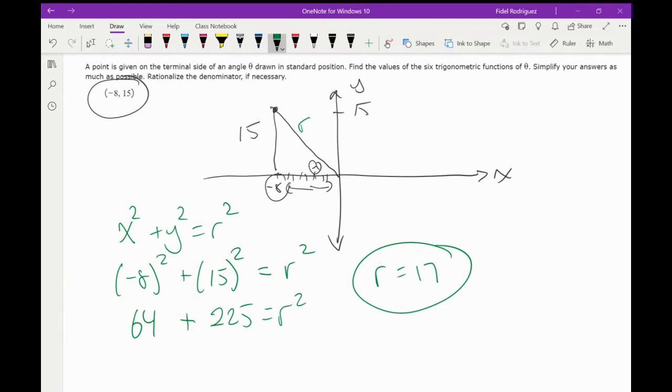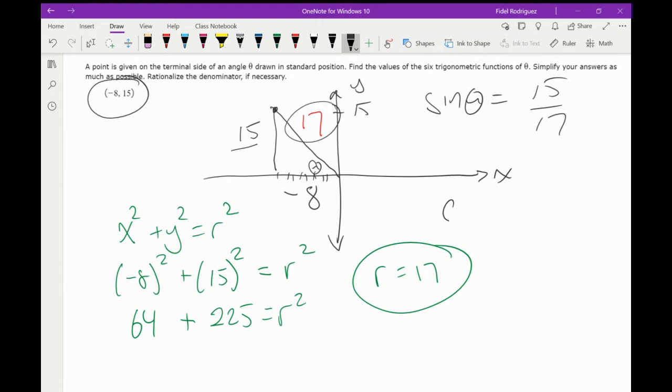Now that we know that this number here is 17, I'm going to clean this up a little bit so it looks a little bit nicer. -8. Okay, remember how we're going to do this. Sine of theta is opposite over hypotenuse, 15 over 17, sorry.